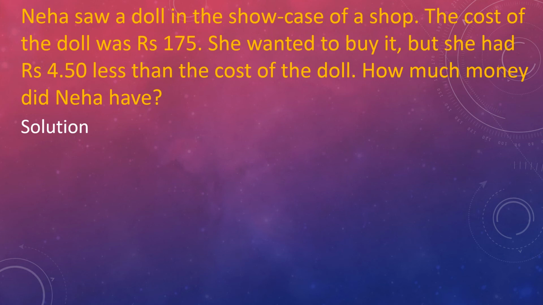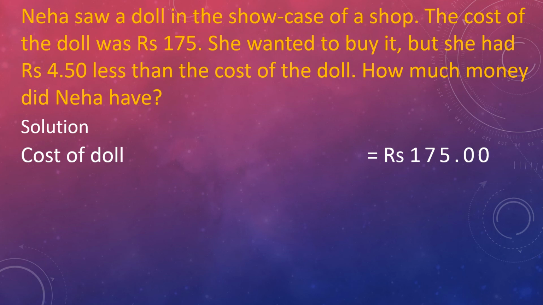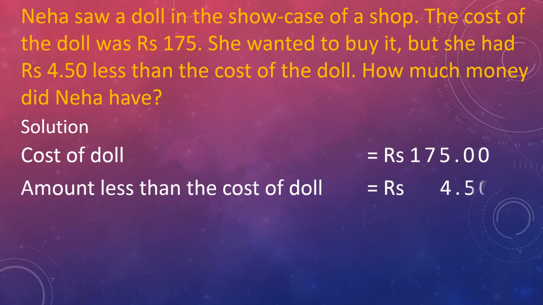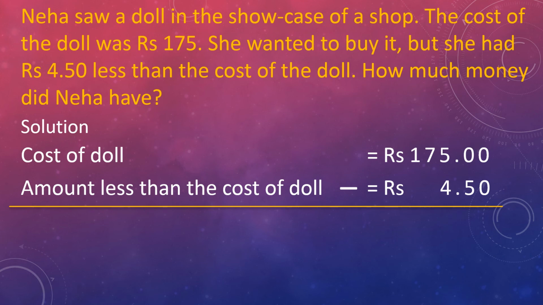Yes, subtraction. So the first statement is cost of doll is equal to rupees 175.00 and the second statement is amount less than the cost of doll is equal to rupees 4.50. Now we draw a line so our answer can go below it and write a minus sign on the left to show that we are doing subtraction.